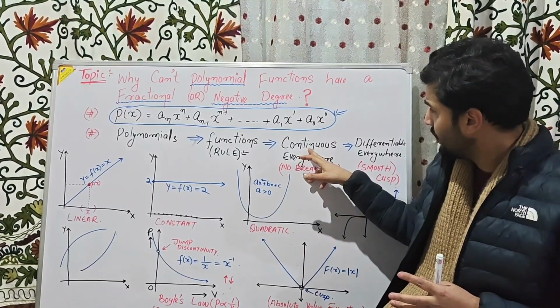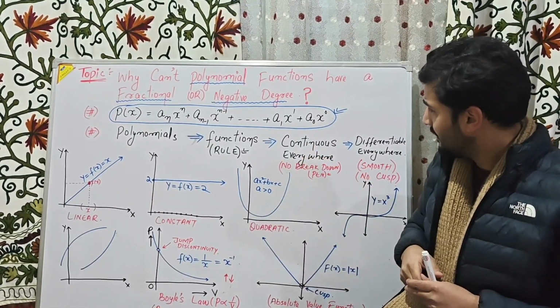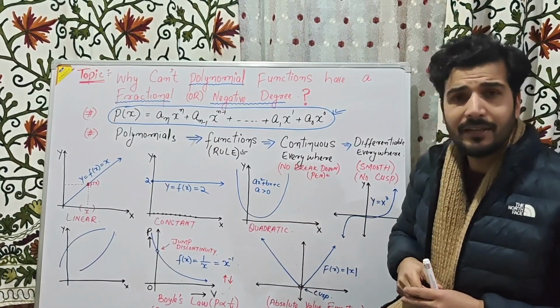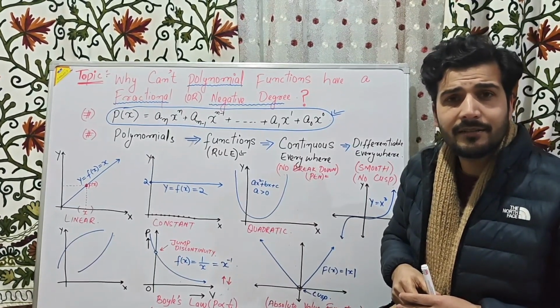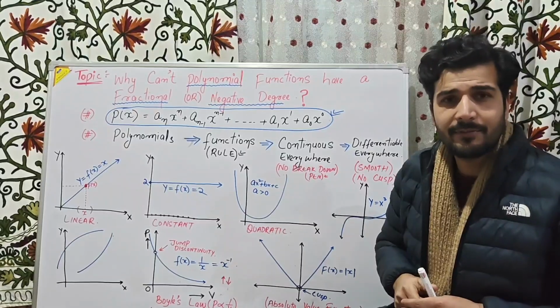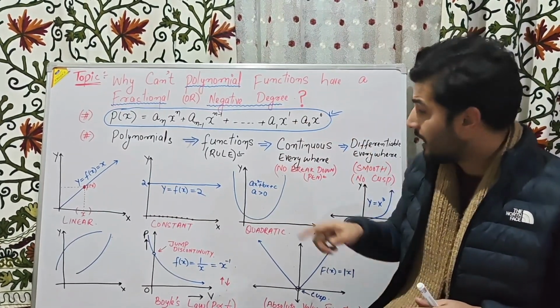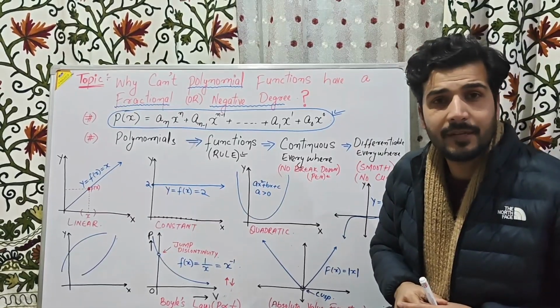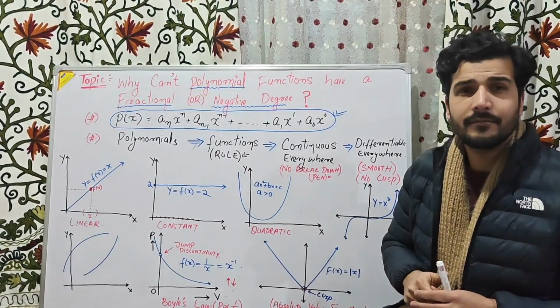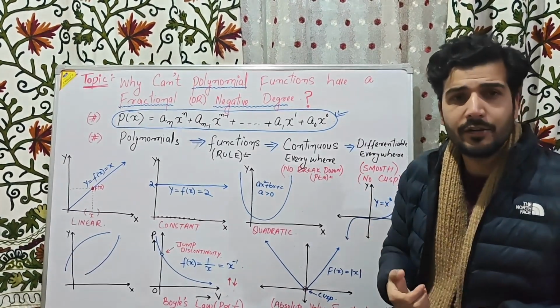This is one of the mathematical concepts, continuity, that all polynomials are continuous everywhere. So what does this mean?